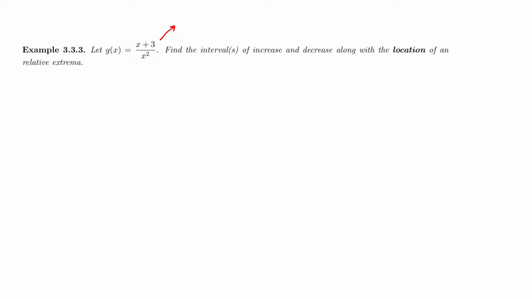Can someone tell me what happens at the x values where the denominator is 0? In a rational function, what happens?